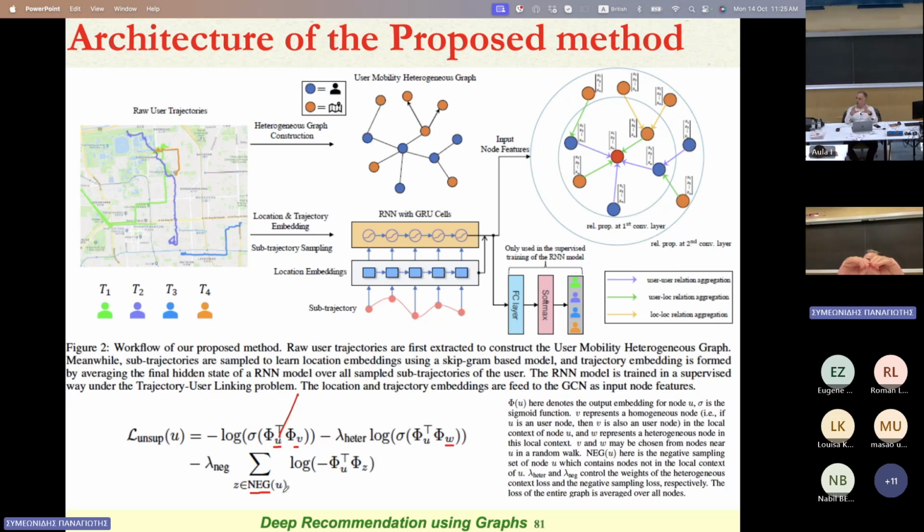Those are randomly selected user-location interactions or user-user friendship connections that do not exist in reality, but we have to put them there in order to have a balanced way of training our neural net. So this is why we have this negative sampling in this method.